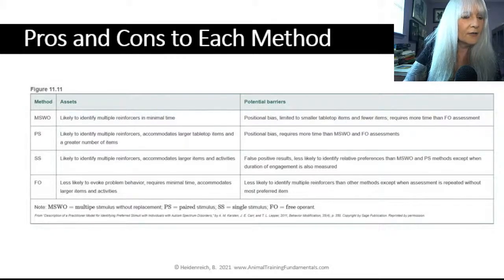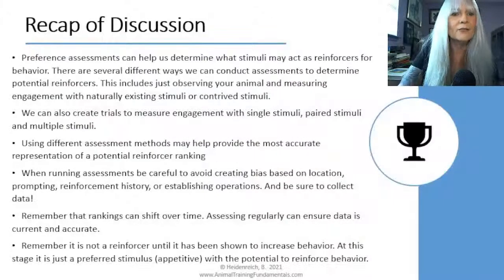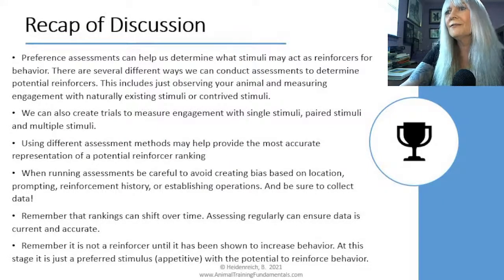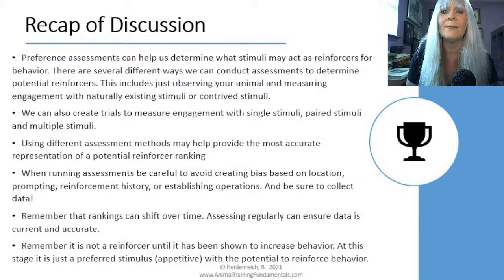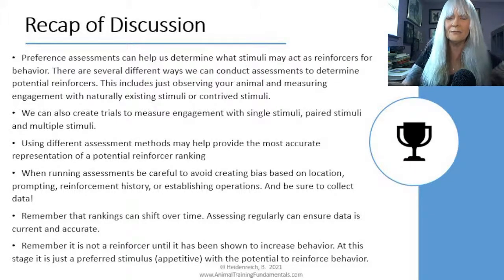All right, I think I covered all my videos and all that fun stuff, so I'm actually going to go to the recap here, believe it or not. This is kind of a fast one. Stimulus preference assessments can help us determine what stimuli may act as reinforcers for behavior. Remember, we don't know that they reinforce behavior until we've actually done some behavior and offered these stimuli as potential reinforcers.